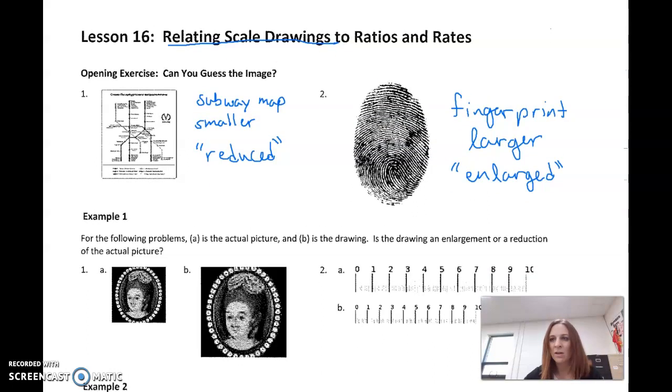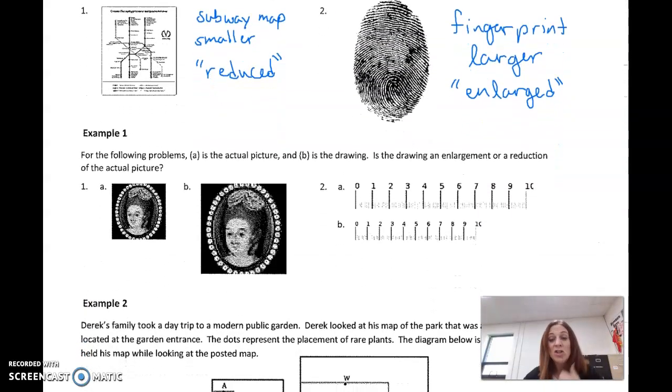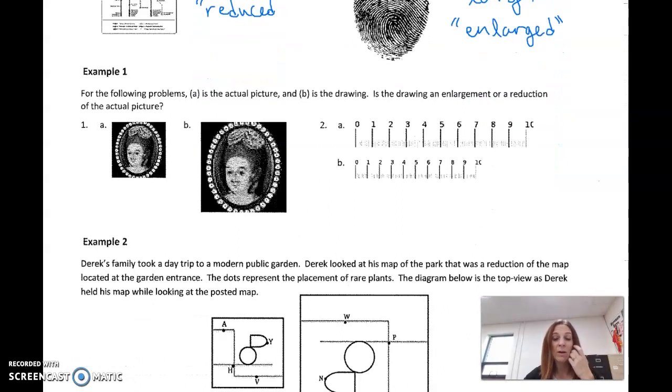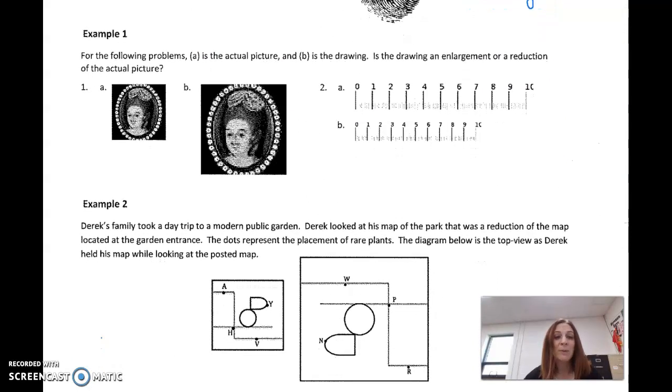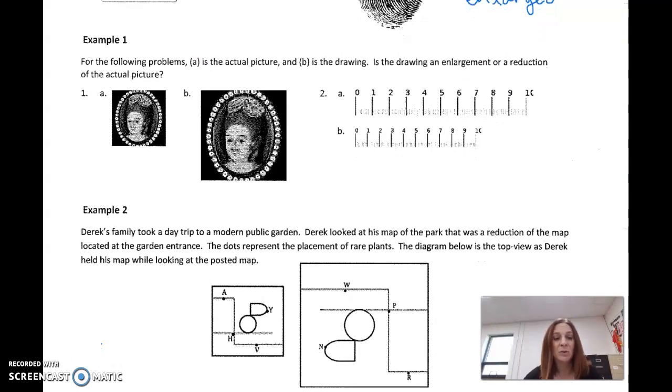So if we look at these pictures here, don't overthink what we're doing. It says for the following pictures, A is the actual, and B is the drawing. I know it's really grainy, just from the copy machine.